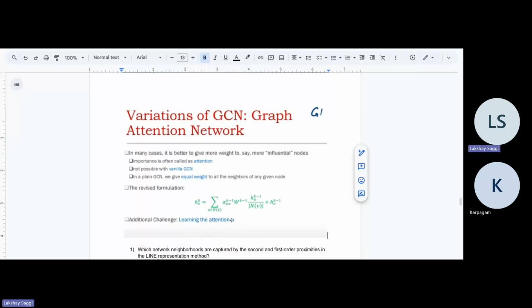So that's why one needs to learn these parameters also. In these graph attention networks, there are two things going on in parallel. You are updating your embeddings as you move along in the iterations, but as you move along the iterations, you're also updating these attention parameters.